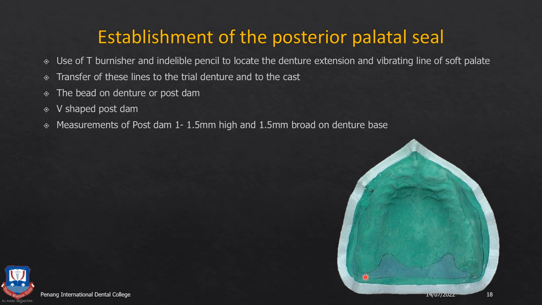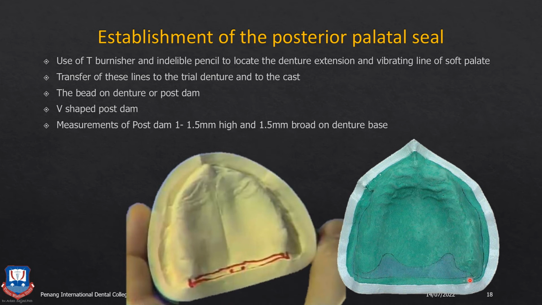And what many do is scrape this area to a depth of about 0.5 to 1 mm, from the pterygomandibular notch on one side to the other side, or we can simply create a post-dam seal by creating a simple groove in the post-dam area.